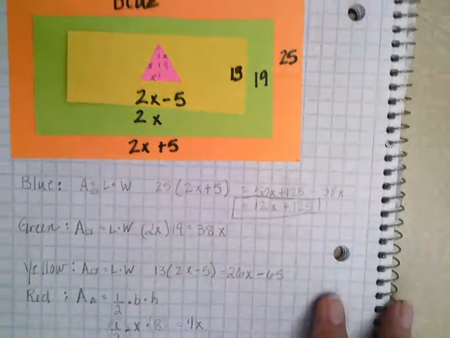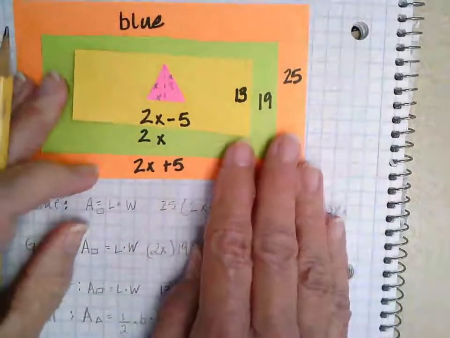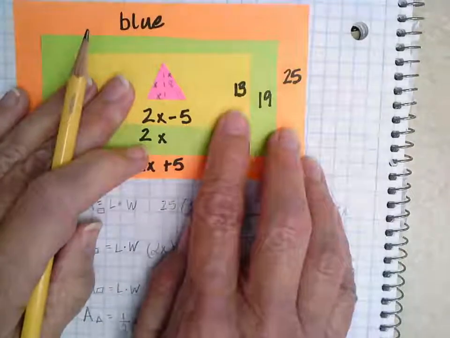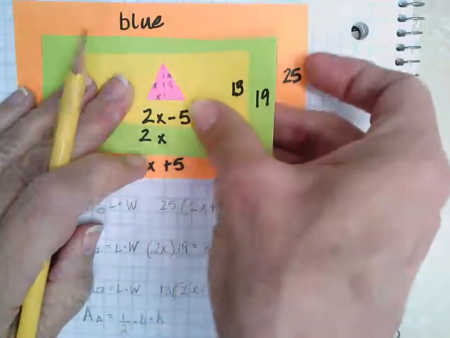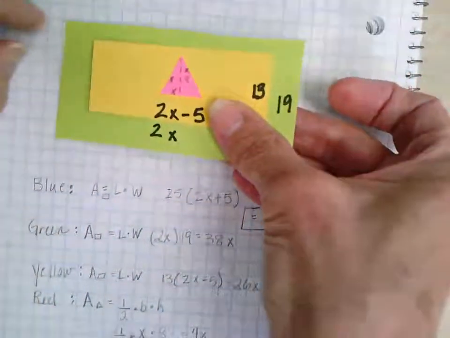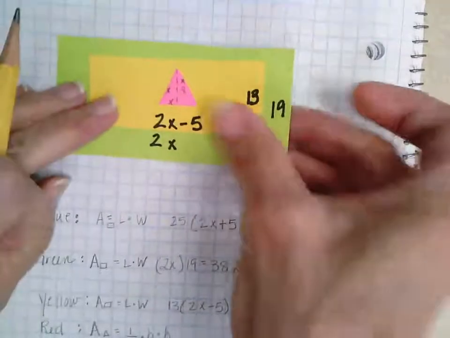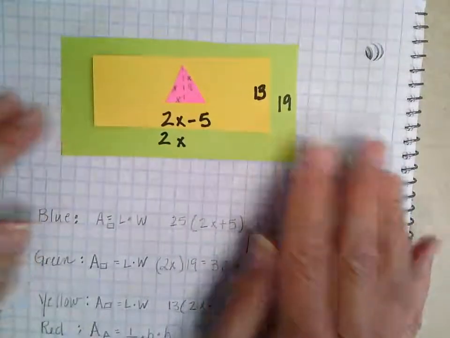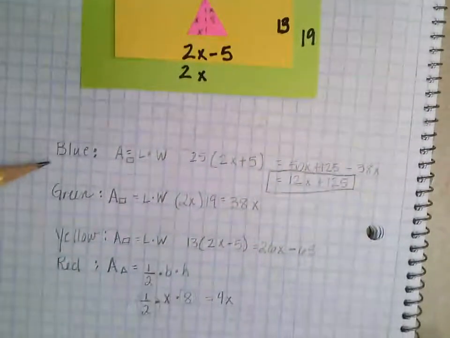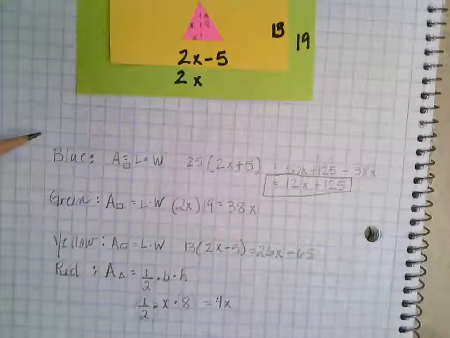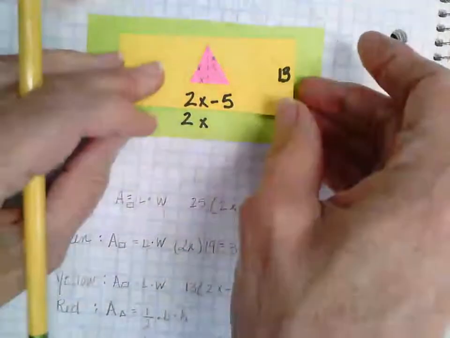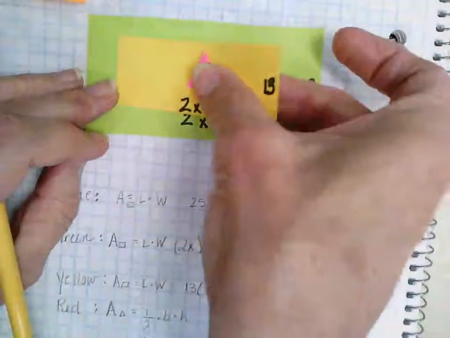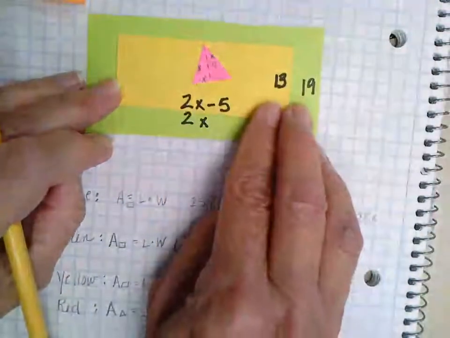Now for the green area, I'm going to do the same thing that I did for finding the area of my blue. I'm just going to be subtracting out the area of my yellow.